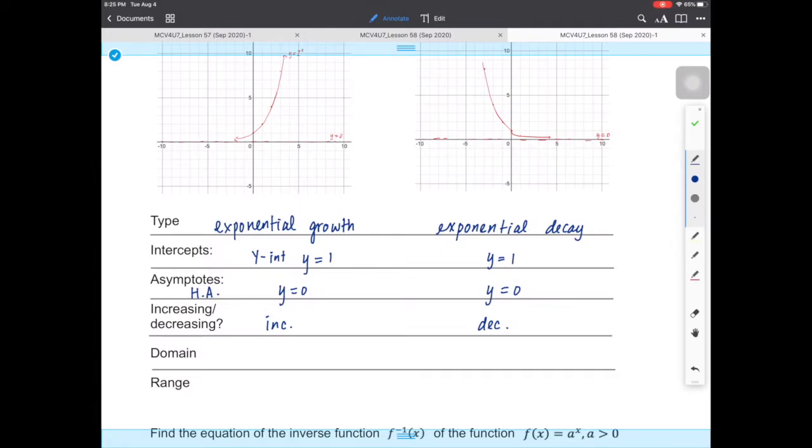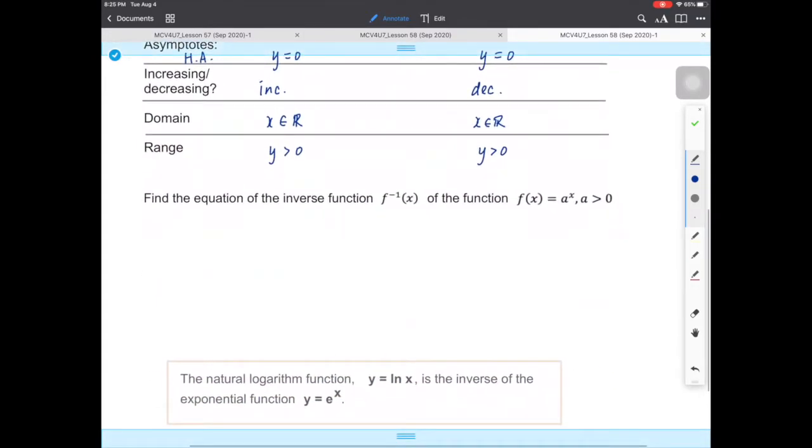The domain and range of these two functions: the domain is x belongs to the real numbers, and the range is any y values that are greater than, but not equal to, 0. Now, let's find the equation of the inverse function, f negative 1, for the general form a to the power of x.